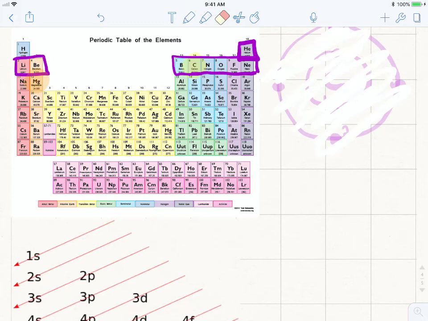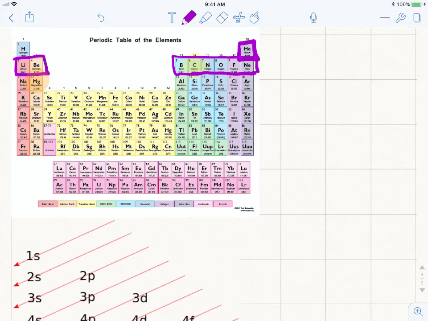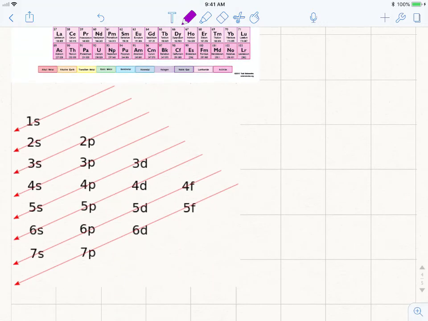We remember that the electron shells correspond to the period. So we know that we're going to use up our first electron shell with hydrogen and helium, and then we're going to use our second electron shell here, and we're going to get into our third electron shell. So we should get into the numbers where it starts to say 3. But let's look at what that actually looks like.